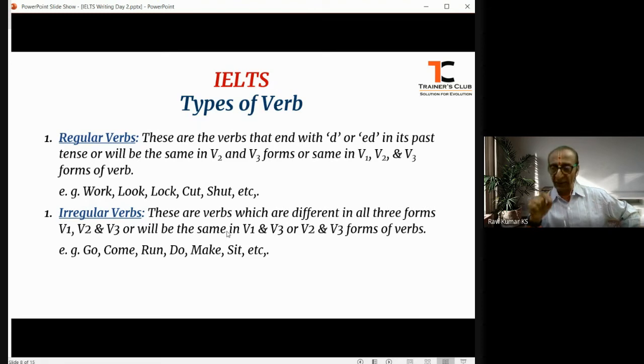And in the same way, when we make sentences in the passive voice, whether it is present tense or past tense or future tense, the verb that is used will always be in the V3 form. That's why we find it difficult to negotiate which tense is this. The reason being, say for example, go, went, gone. I have gone, I had gone, I would have gone, I will have gone, I shall have gone.